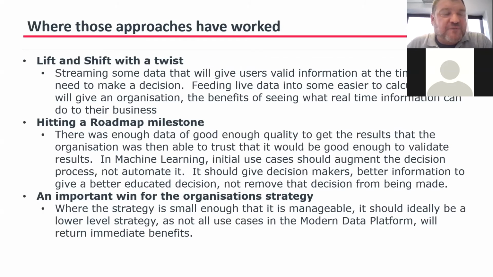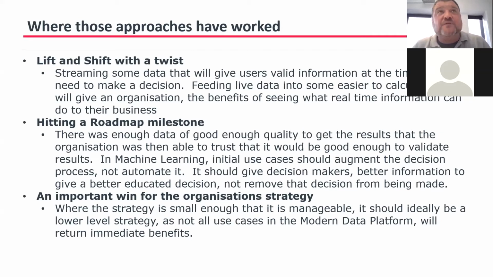So where those have worked, with the lift and shift with a twist, where they've worked is where the known and the constraint are very structured, and they are a well-known lift and shift. You know, they're well-known constraints and problems, and they're a well-known actual use case.